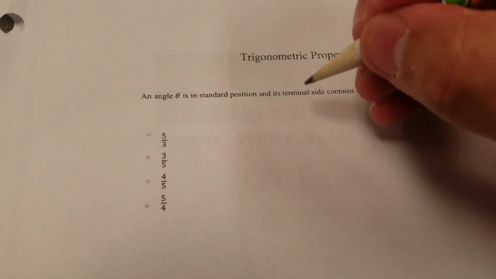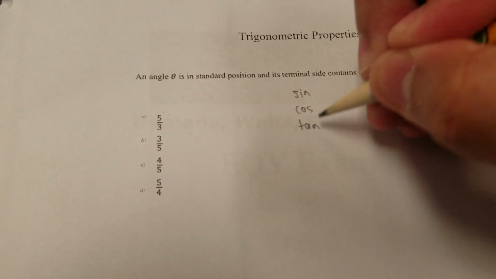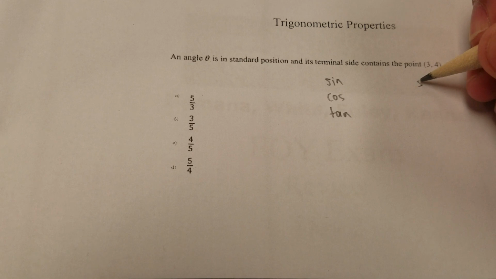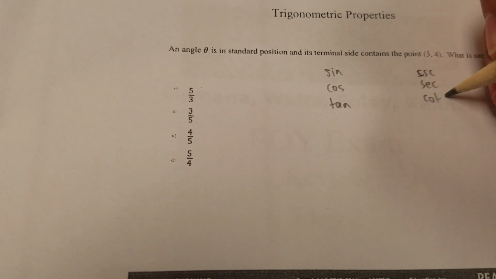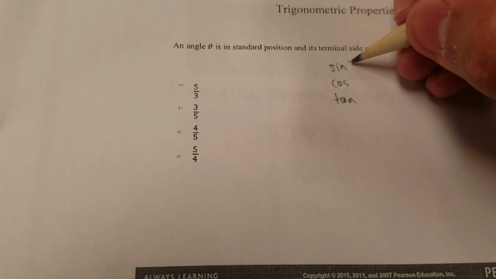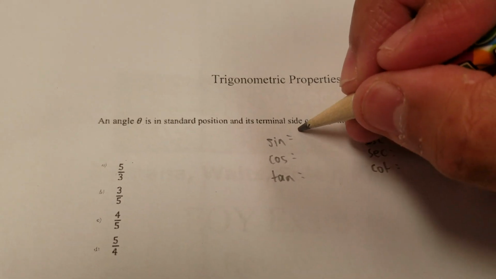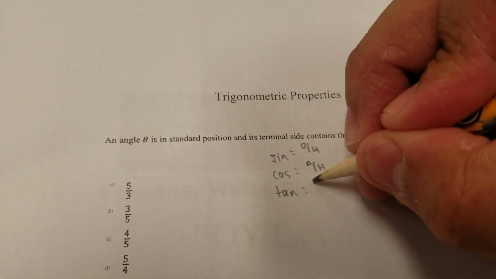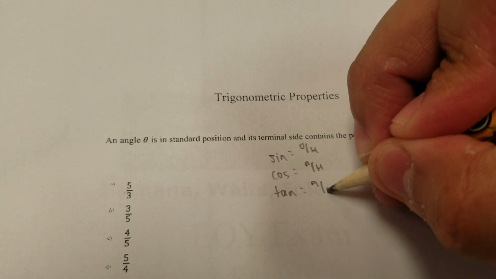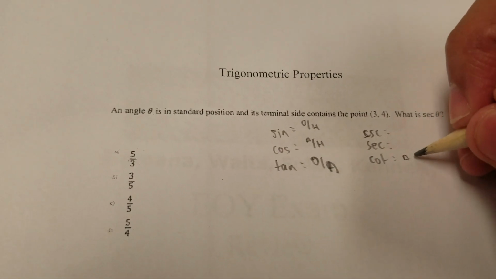All right, so last things here, guys. You're going to need to know the sine, cosine, tangent stuff. So sine is O over H, cosine is A over H, sorry, other way around, tangent is O over A, and then these are just the opposites.